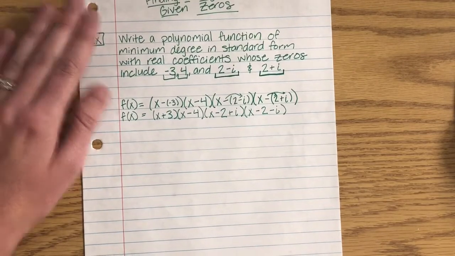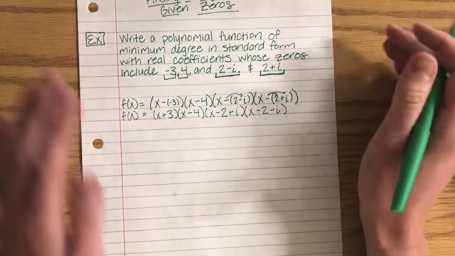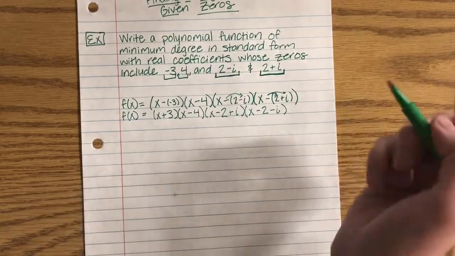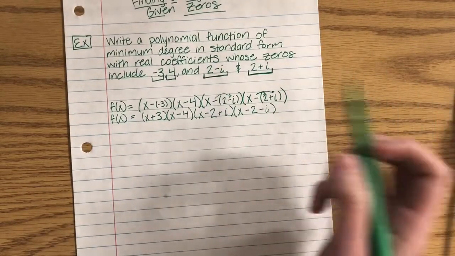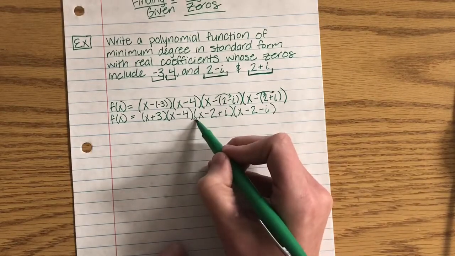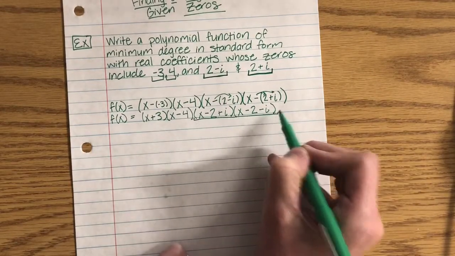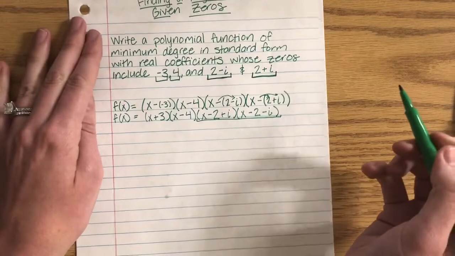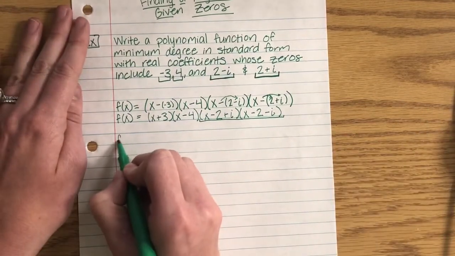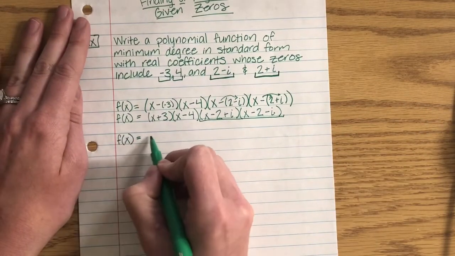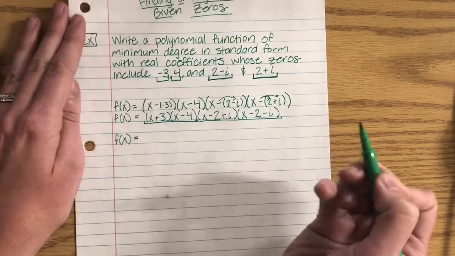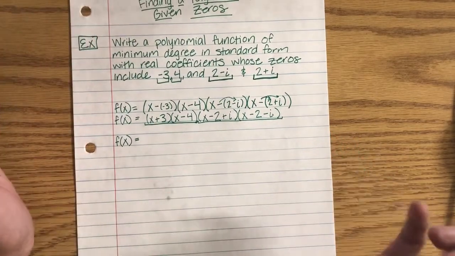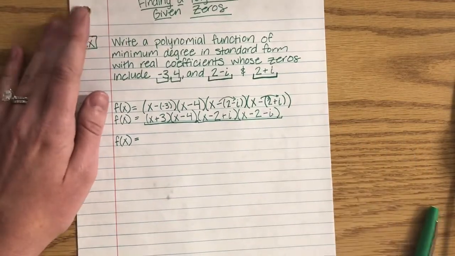All right. So at this point, I think what I would do is distribute out, multiply out these two factors. It's not really FOIL because we're not multiplying binomials. You can also go ahead and multiply these two together just because we're going to end up multiplying it all out eventually.